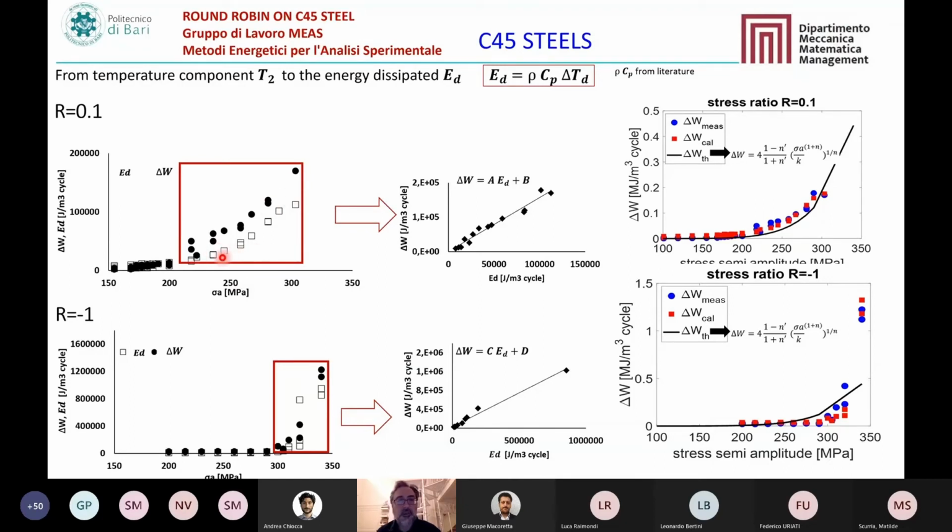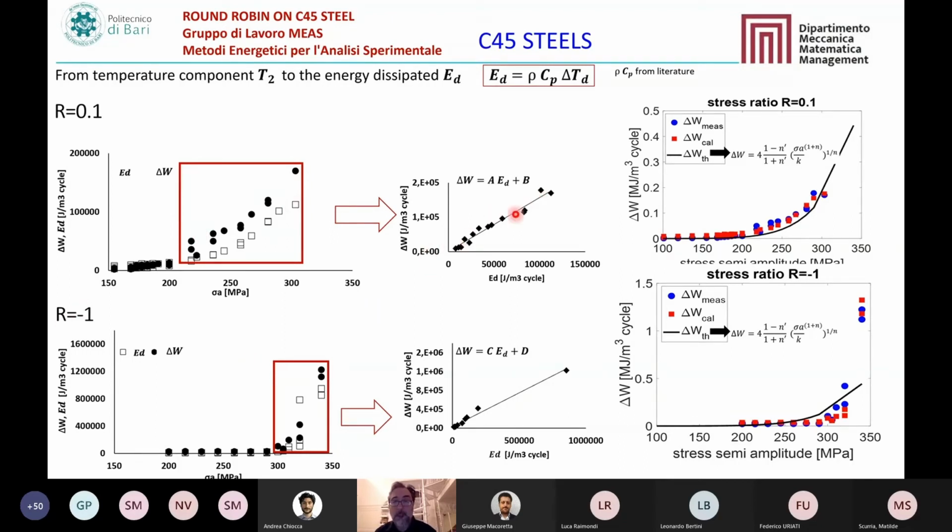It's interesting because we don't have a full overlapping of the curves, and this is normal because the second harmonic is not the only harmonic inside this function. So it is not the entire energy of plastic work that shows up in terms of temperature variation in the second harmonic.